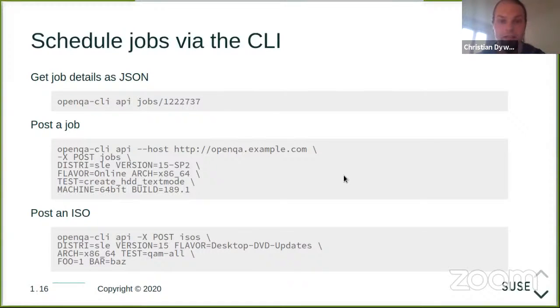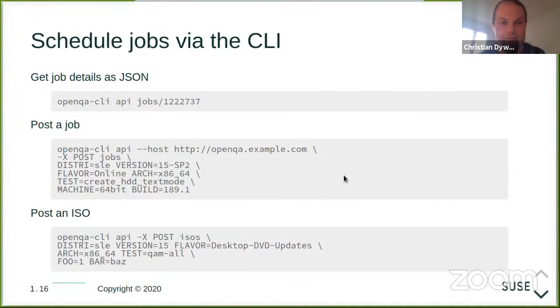So you can see a simple example where, for example, you're posting a test that runs on SLE, which is SUSE Linux Enterprise. But of course, it can be whatever you're testing at the moment. This is just an example.